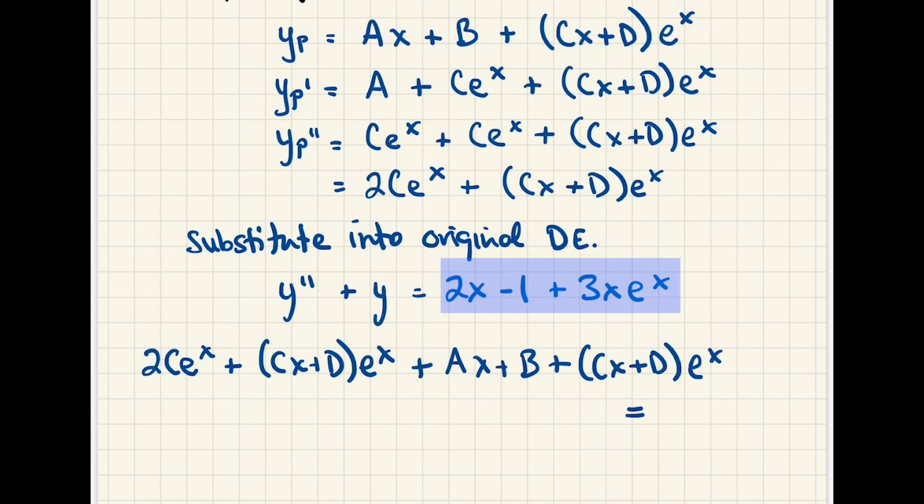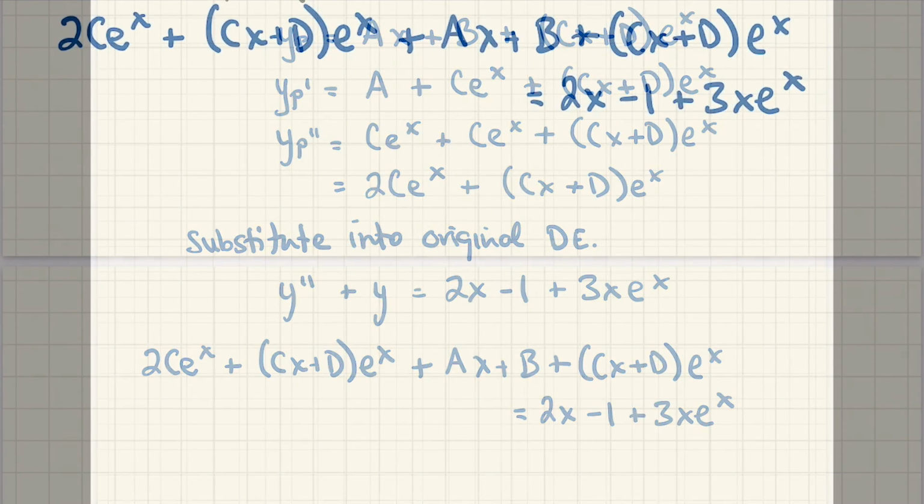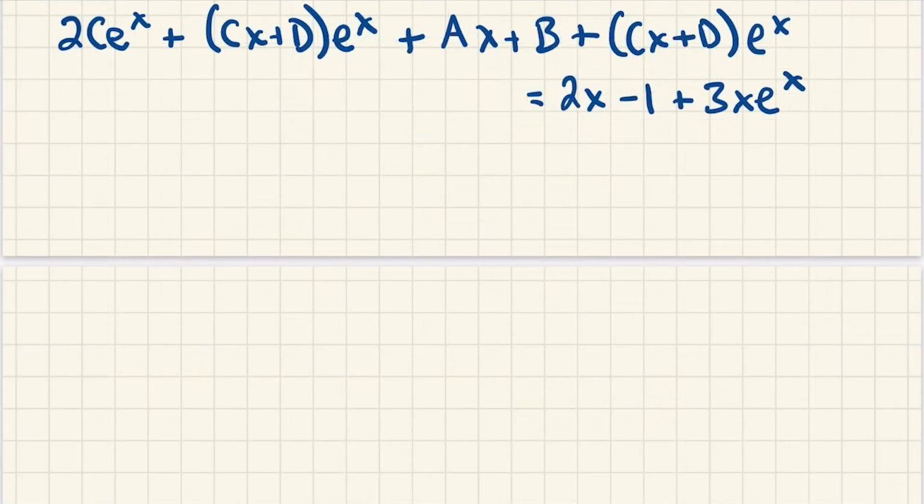And that's equal to the right-hand side, which is 2x minus 1 plus 3x e to the x. Okay, so we have our work cut out for us. We need to determine the values of these coefficients, a, b, c, and d.